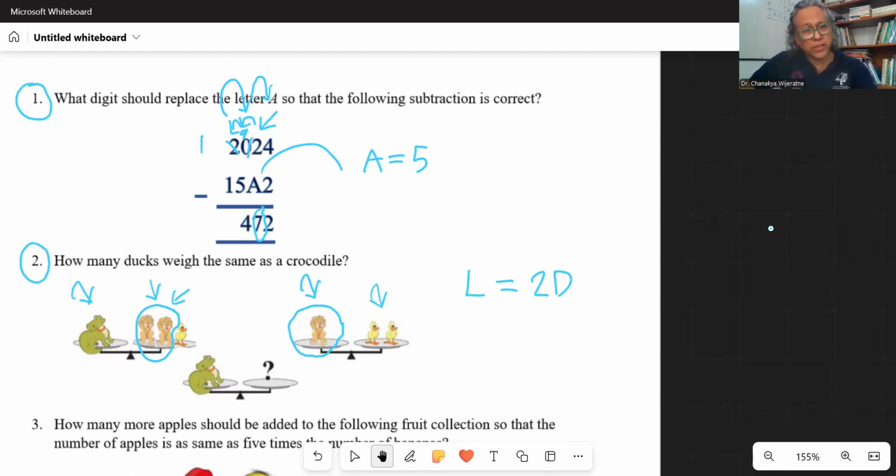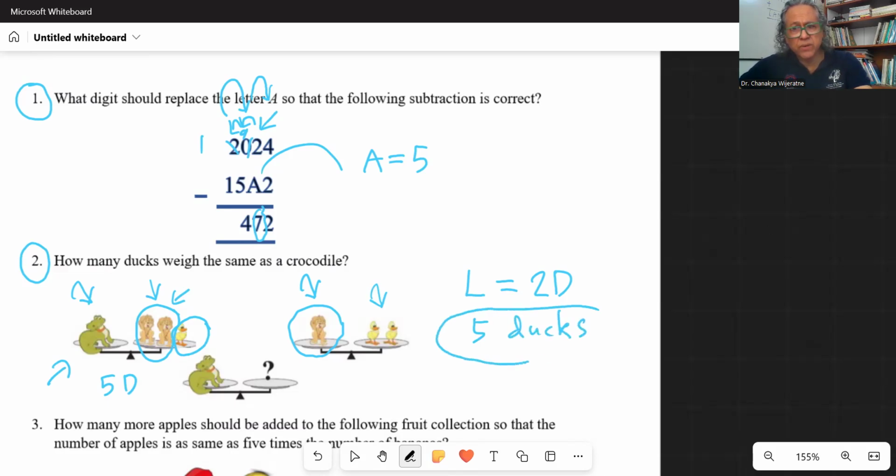One lion, two ducks, and then two lions, four ducks. And then there's another duck here. That means this crocodile weighs five ducks. So the answer is five ducks. All right, so we go to the next question.